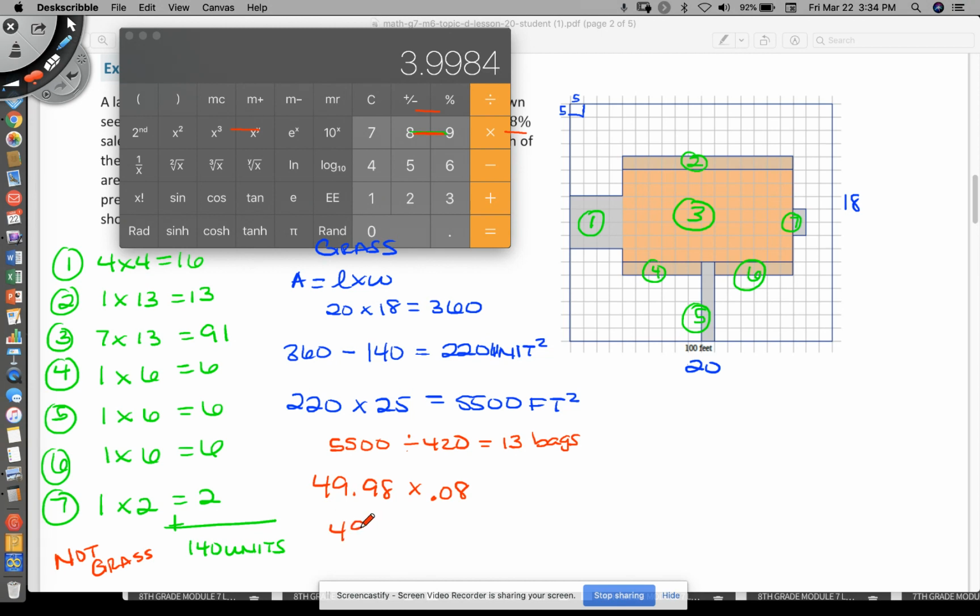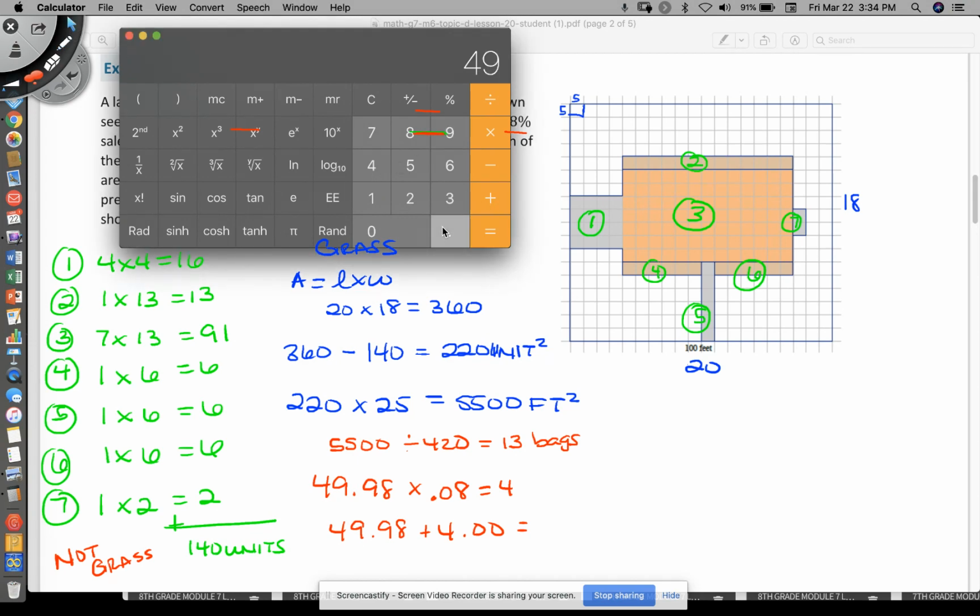So $49.98 plus $4 is going to give me $53.98. Now, that's the cost of each bag.